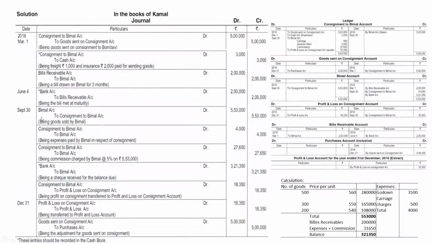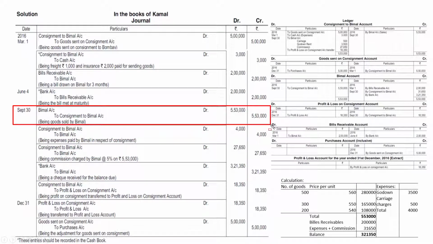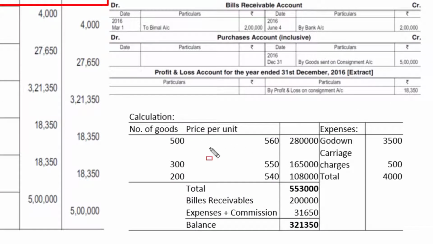So let's go to our journal. Here you can see this record, that is Bimal account, will be debit and the consignment to Bimal account will be credit, because the goods are already sold but at different prices. So how will we conclude it? By this value, 5,53,000 rupees. Here is the calculation.